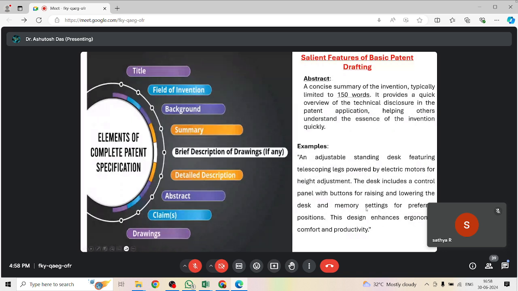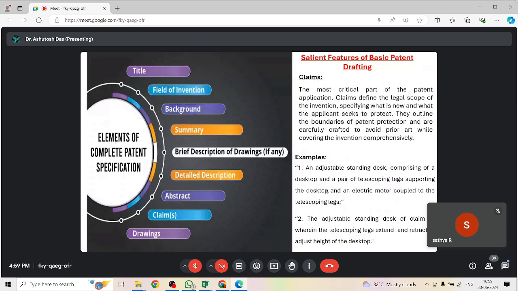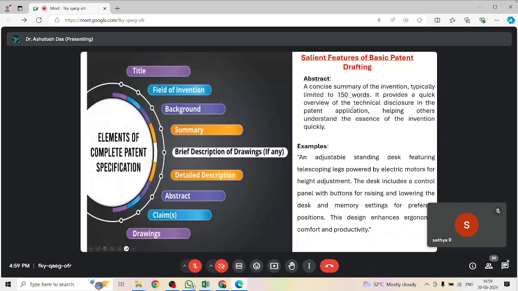Then claims. Okay, this is the most important part of that. No, abstract. I'm sorry, abstract. It's a concise summary of the invention, typically written in 150 words. Very summary of them, just like any paper abstract, is within 150 words, right? It's summary of everything. One line will be there, something related to background.